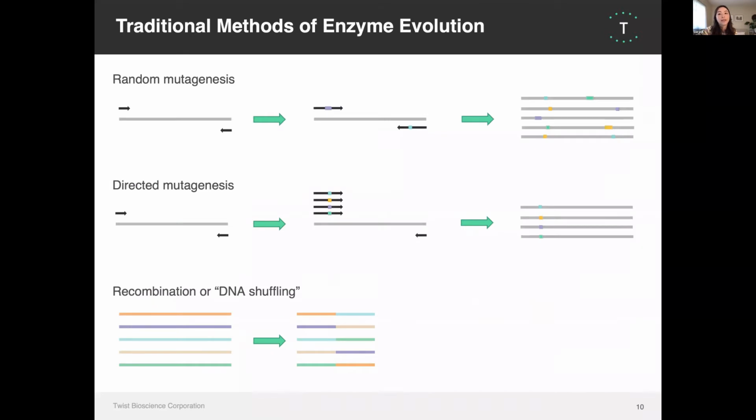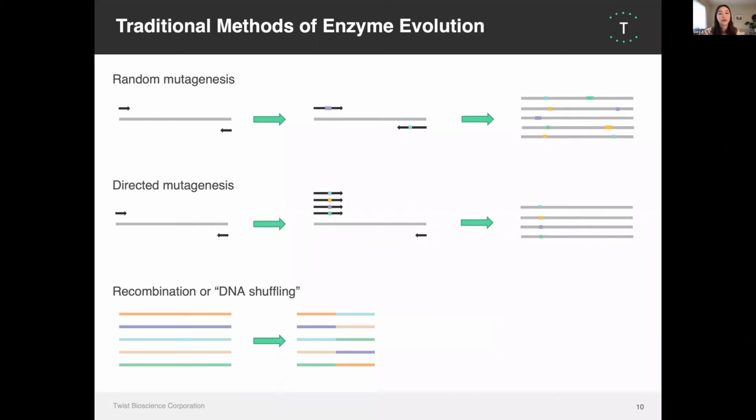Before I dive in deeper into our SOL libraries, I wanted to give a quick overview of a few methods that are commonly used to generate these gene libraries. Many of you probably already know random mutagenesis is a commonly used strategy. This is often done in the form of error-prone PCR to generate diversity at random positions. The addition of manganese and biased concentrations of dNTP is one way random mutations can be introduced to the gene sequence.